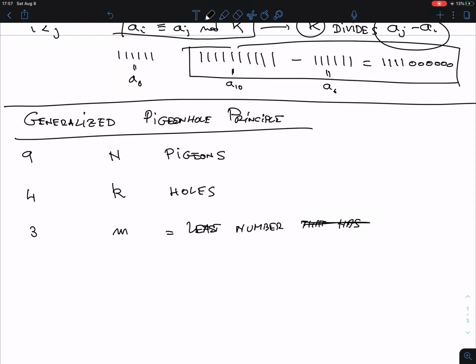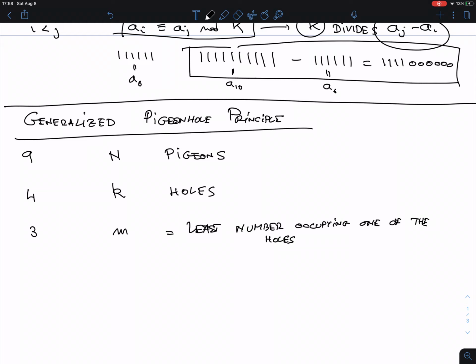The least number occupying one of the holes. No, that's not the right way of saying that. I should say it differently.